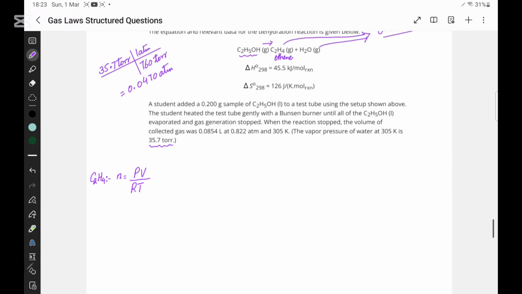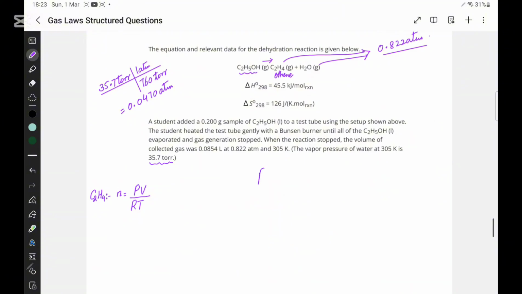The total pressure is going to be 0.822 atm, and the pressure of water is going to be how much? That is 0.0470 atm. We have converted this torr into atm here.